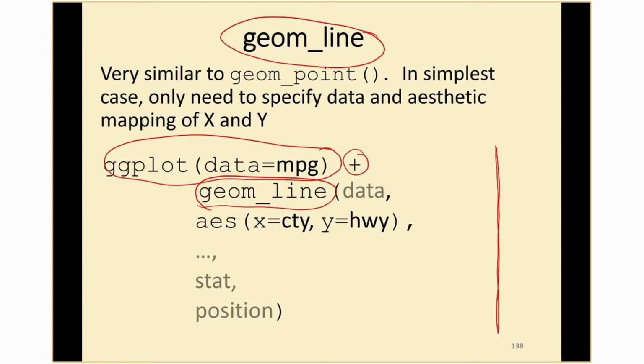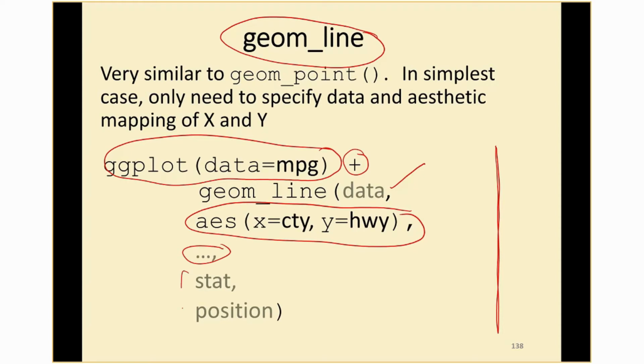Then we're going to add with a plus sign our geom. And that geom is going to have these 5 different things, as always. And as we saw in the case of a scatter plot, really, we could get away with just this one, because the data could be inherited, the options are optional, and the stat and position defaults are just fine.